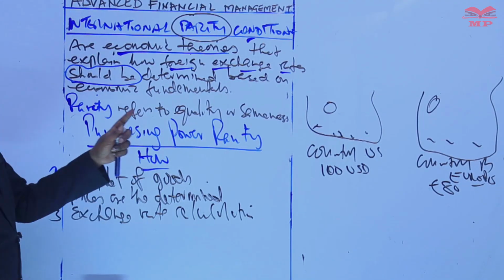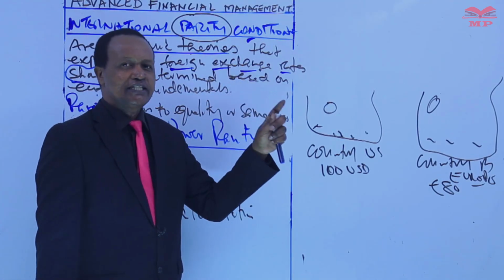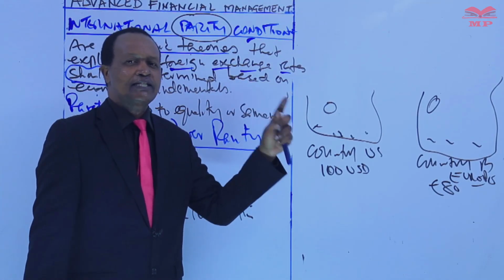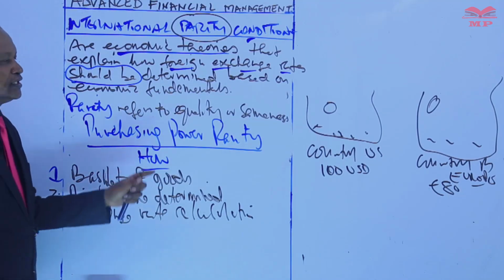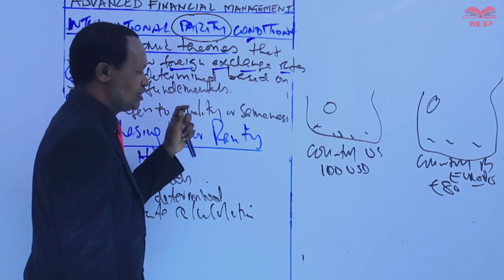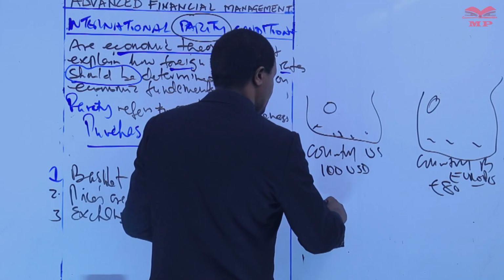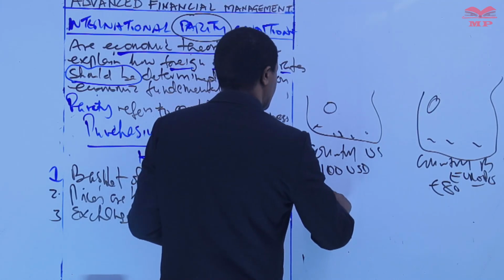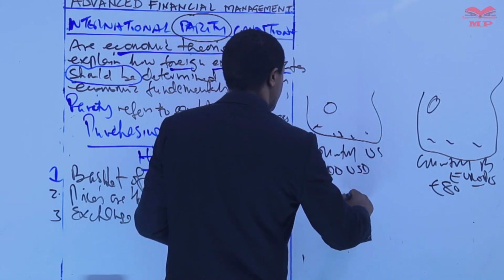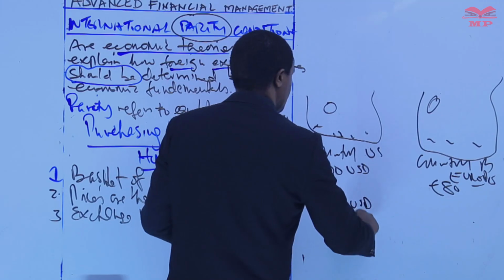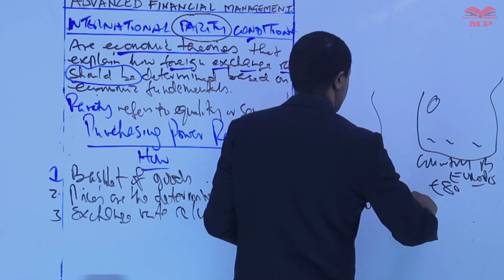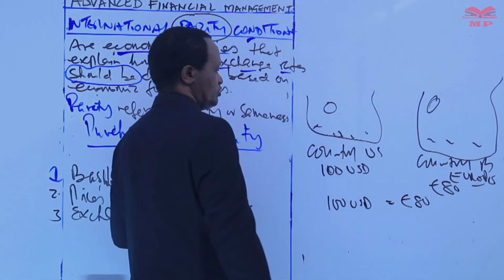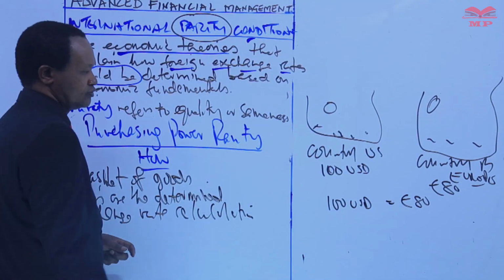So based on this purchasing power, then the exchange rate should be 100 USD should be equal to 80 euros. Do you see that?